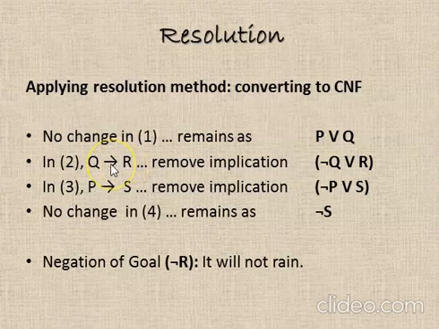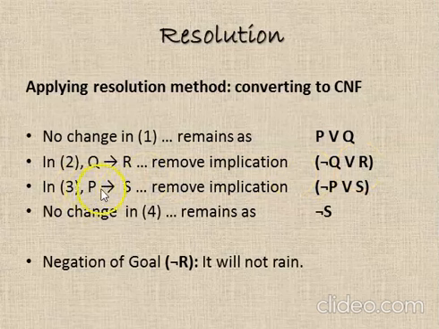And while removing the implication, the rule was we have to negate the first literal and use the second literal with or, that is not Q or R. In the same way, we can rewrite P arrow S in the CNF format as not P or S. So these are similar cases.